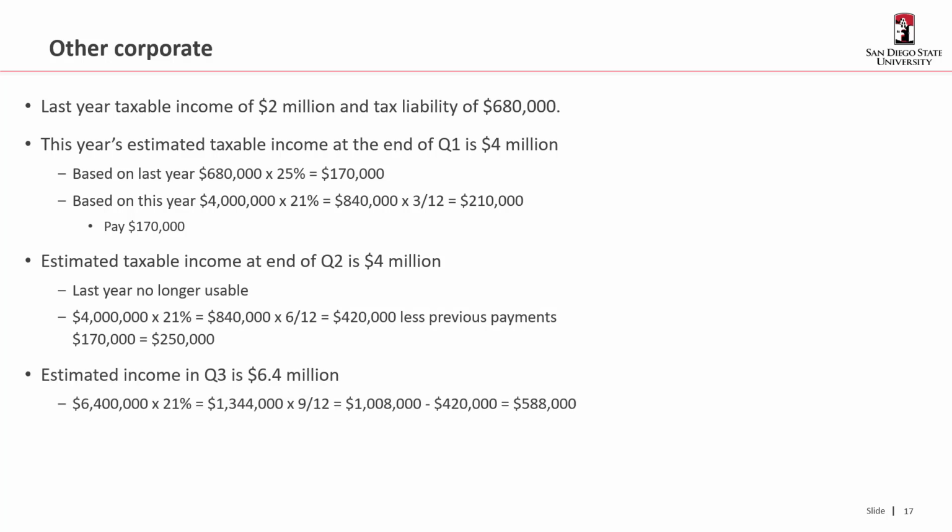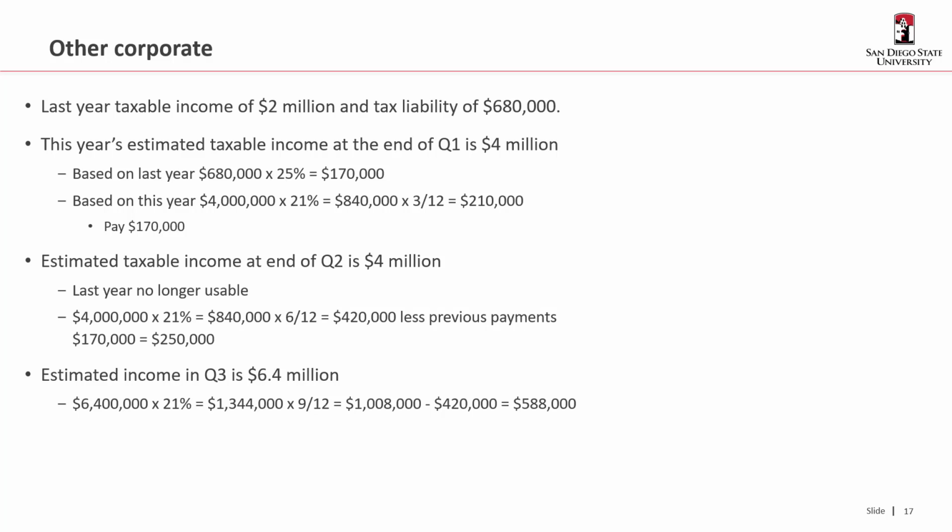In the third quarter, here we are, it's September 15th. So I only have 6 months of actual results. Recall that my annualized estimate was 6.4 million. Multiplied by 21% is 1.344 million. Times 3 quarters is $1 million, less what I've already paid of 420,000, right?